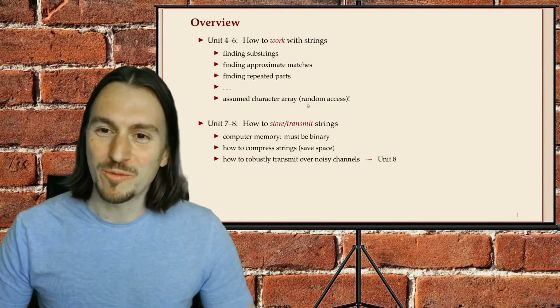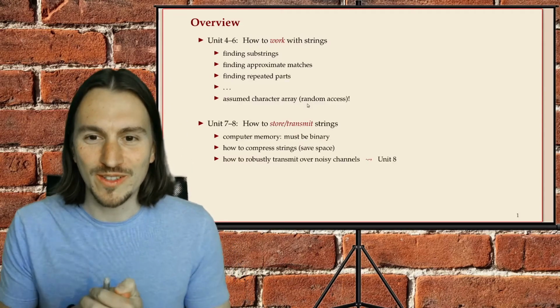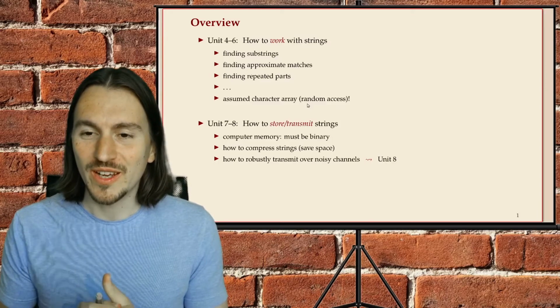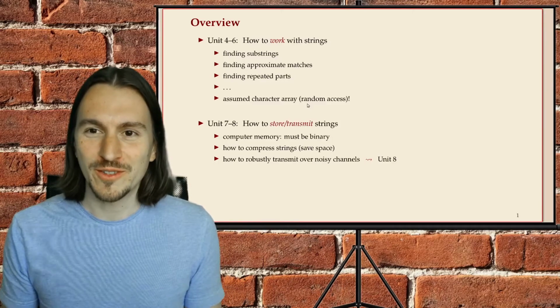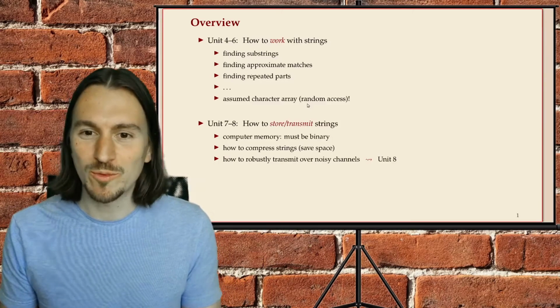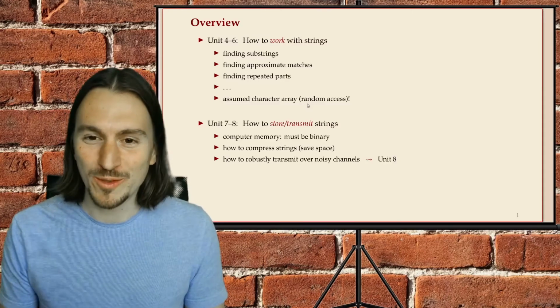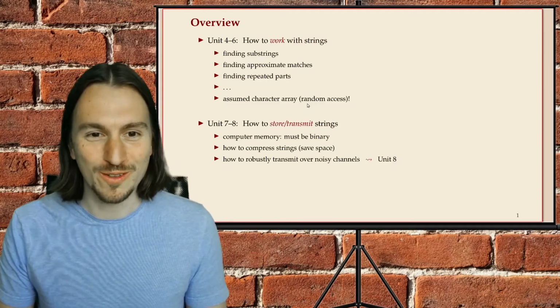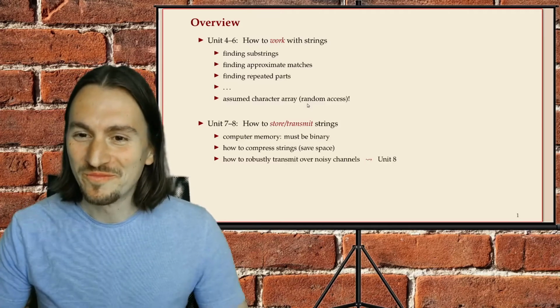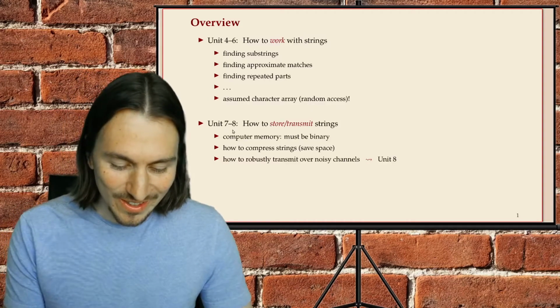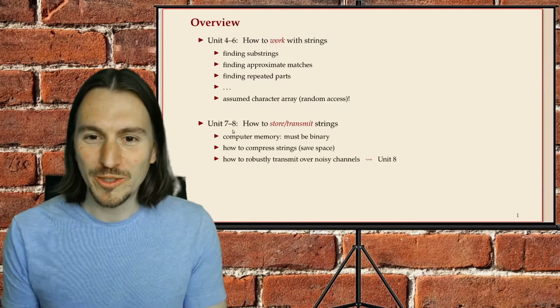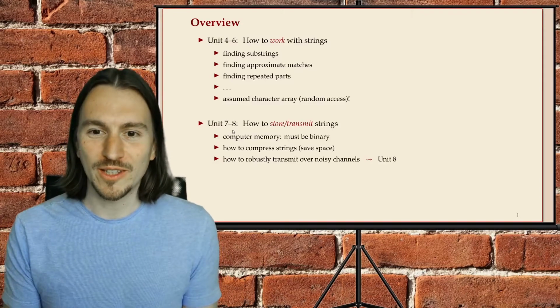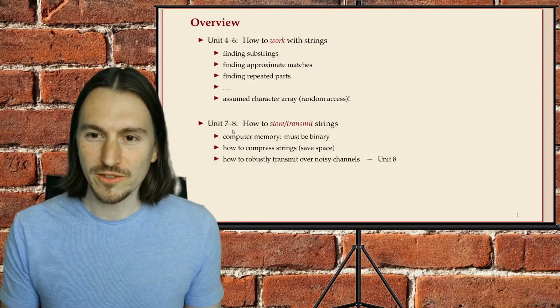But what we started with was assuming a string is given as an array of characters, where I can, in constant time, jump to the character at position 1,500,437. In the next two units, we will switch gears a little bit and look at how we can store and transmit strings.